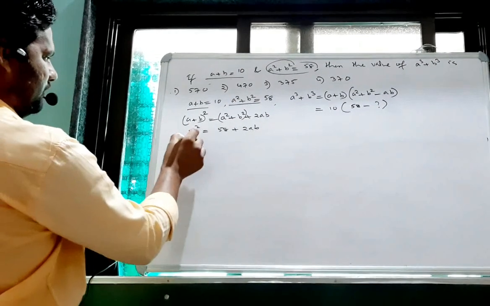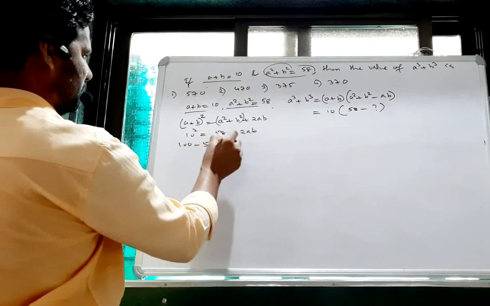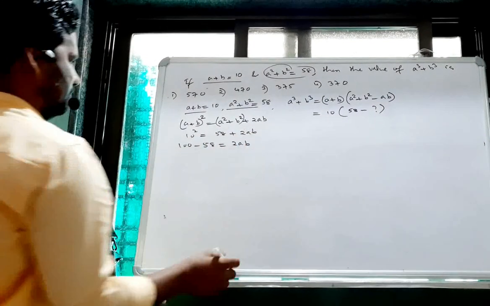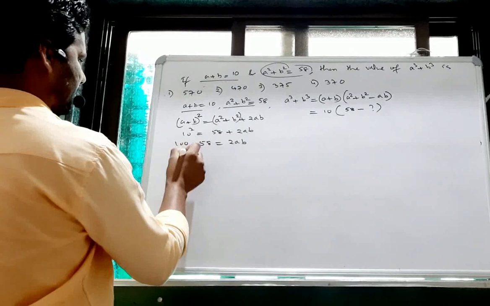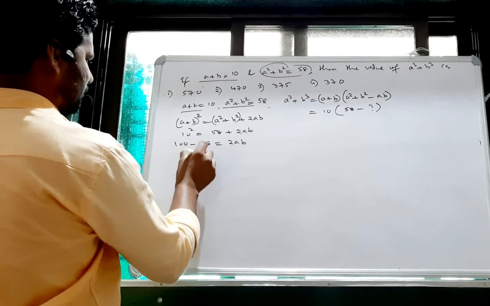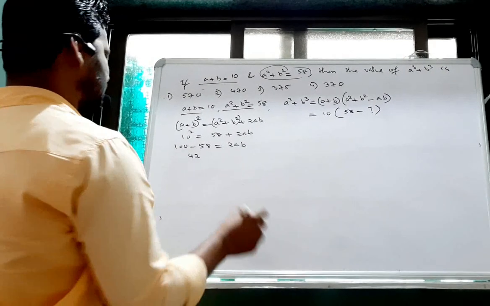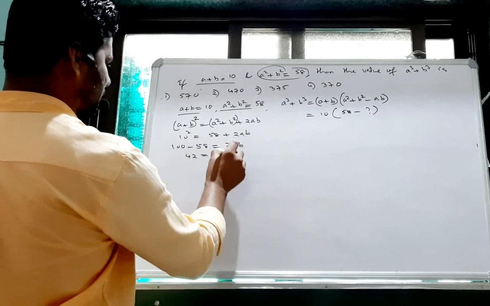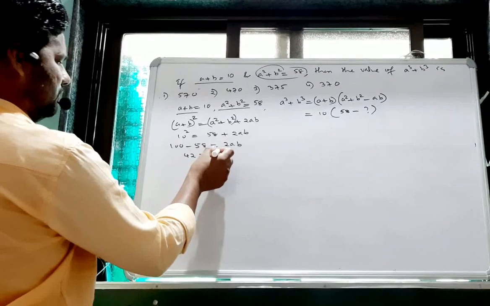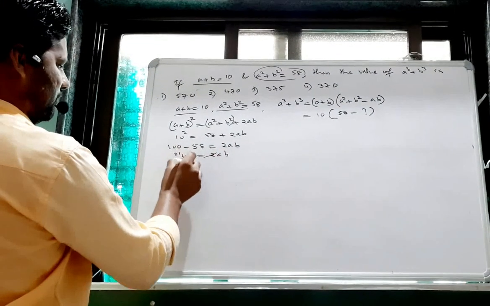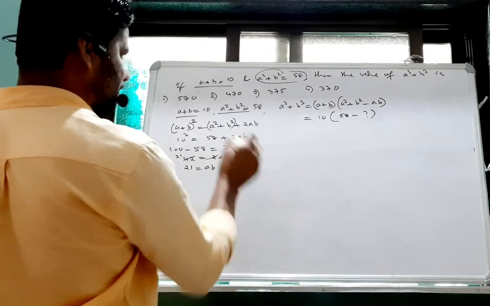So 100 minus 58 is equal to 2ab. 100 minus 58 is 42. 42 is equal to 2ab. Then ab is equal to, divided by 2, that is 21. 21 is equal to ab.